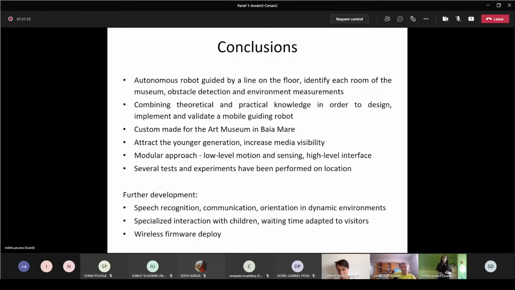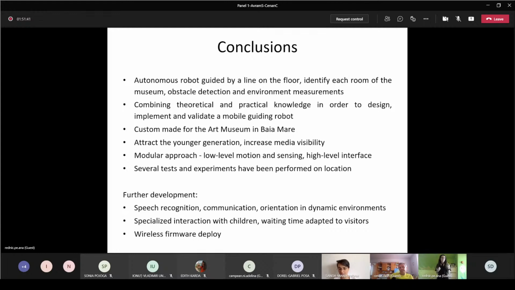There are only 2 exhibitions. One is at the ground floor, for which the robot was made. It only has thresholds of 1 centimeter between rooms. It's not so problematic for the robot to orientate, but at the first floor they have a different exhibition for which different solutions should be implemented.